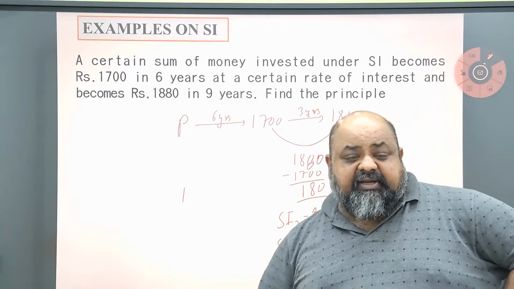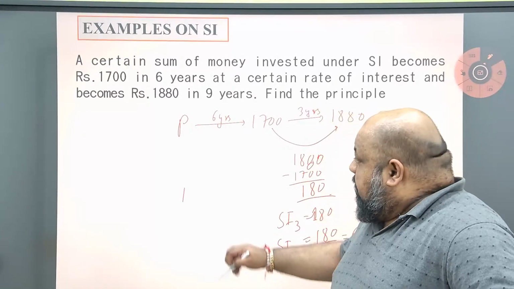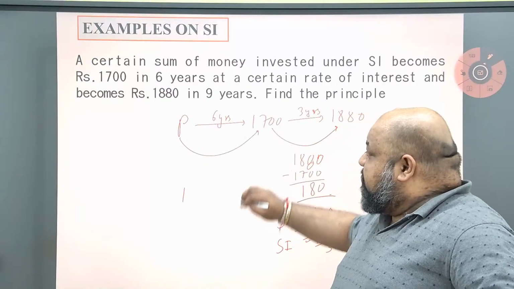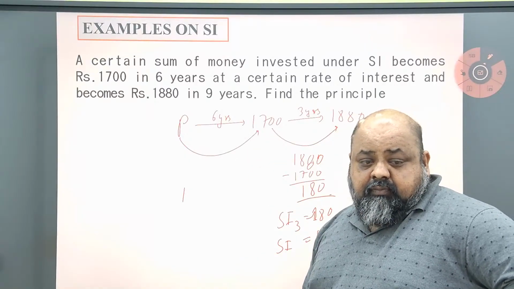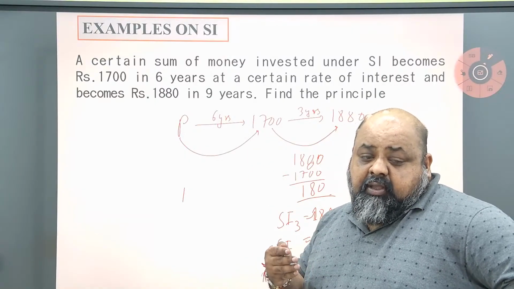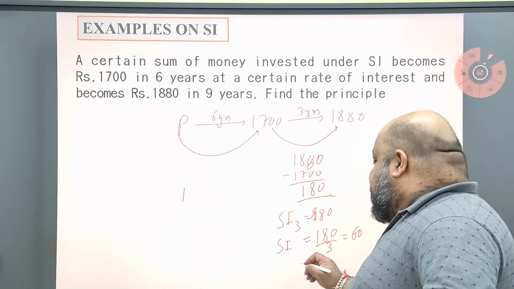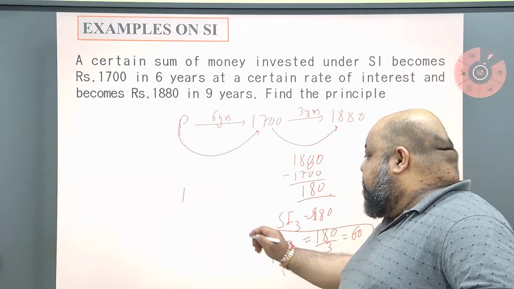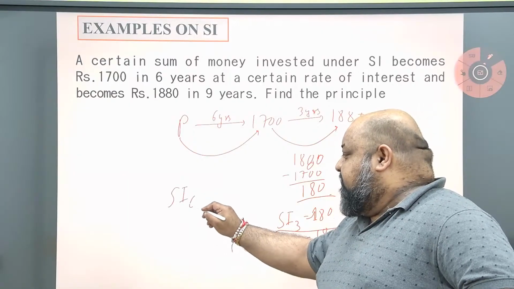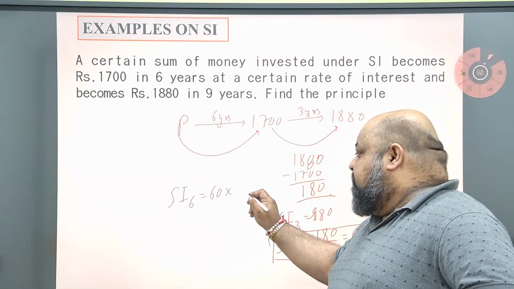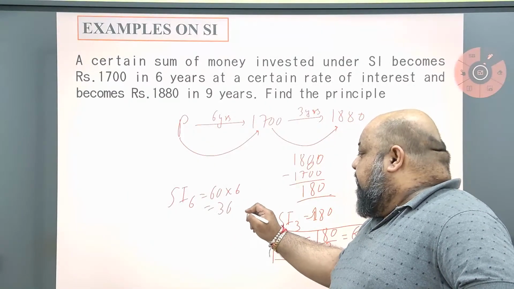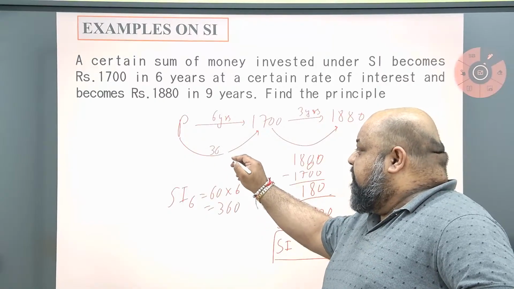So now we know the simple interest for each year. The same logic will apply here as well. From the principal, we will get simple interest for 6 years and reach 1700 rupees. Since simple interest for 1 year is 60 rupees, simple interest for 6 years will be 60 into 6, 360. That means there is an increase of 360 rupees here.